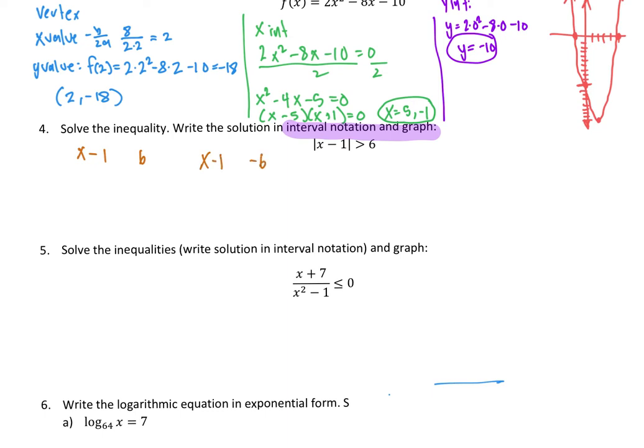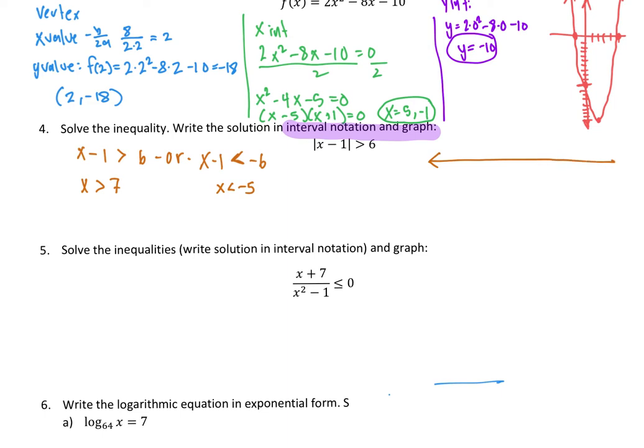But because I have an inequality sign, I'm just going to put the inequality sign instead. But on the -6, since I'm multiplying that 6 by a negative, I have to flip the direction of the sign. So I have two possibilities for my solution. Either x minus 1 is greater than 6, or x minus 1 is less than -6. I solve each one of those. I get x is greater than 7, and x is less than -5.